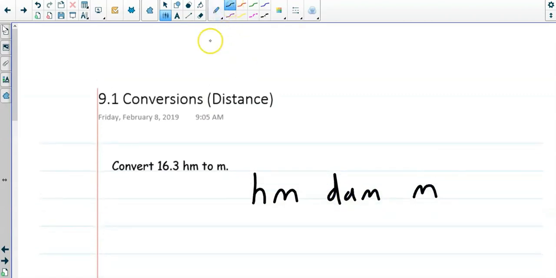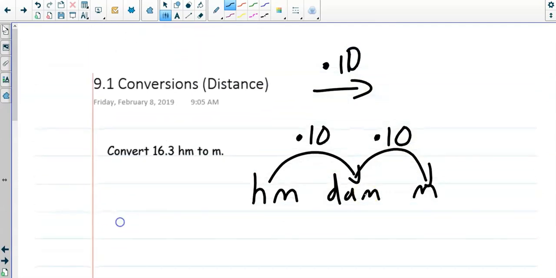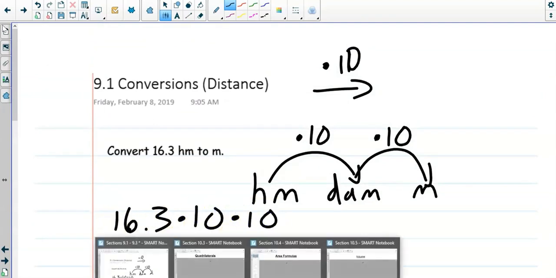So how many jumps is that, going from large to small? That is 2 jumps where we will be multiplying by 10. Because when we move to the right, we multiply by 10 for every jump. So all I have to do is take 16.3 times 10 times 10.